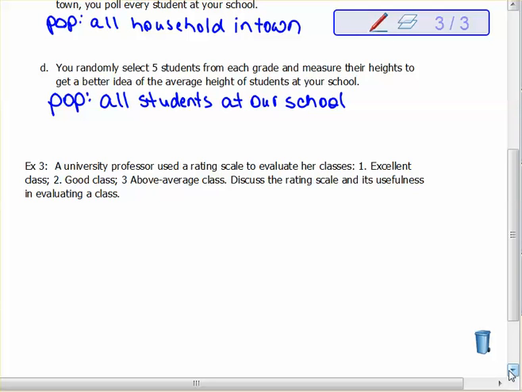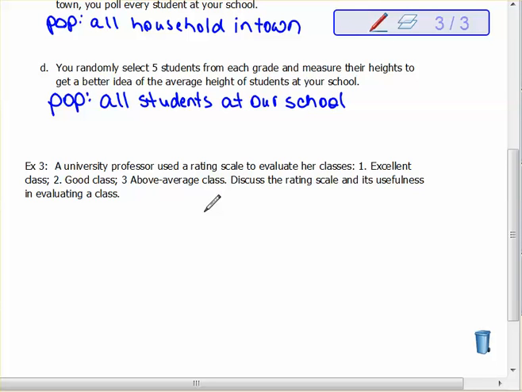Well, is that helpful in evaluating a class? Because it sounds to me like she's only talking about excellent, good, and above average. What about below average? We're not using a fair representation of the entire scale of what classes could be. There's nothing negative here. No way of saying, well, this was a really awful class, or something like that.